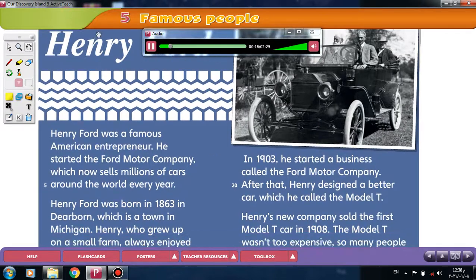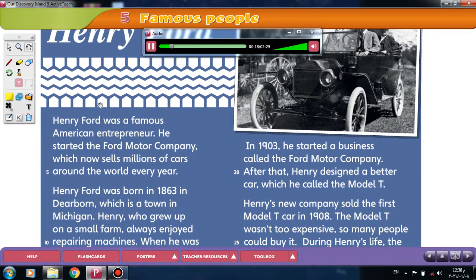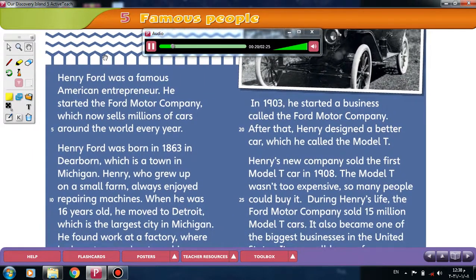Henry Ford. Henry Ford was a famous American entrepreneur. He started the Ford Motor Company, which now sells millions of cars around the world every year. Henry Ford was born in 1863 in Dearborn, which is a town in Michigan.